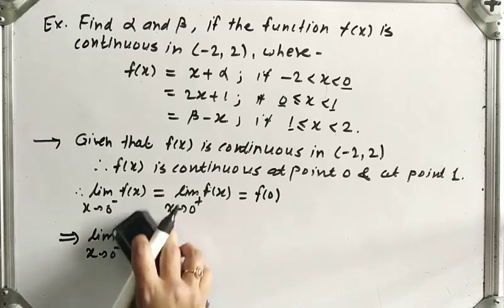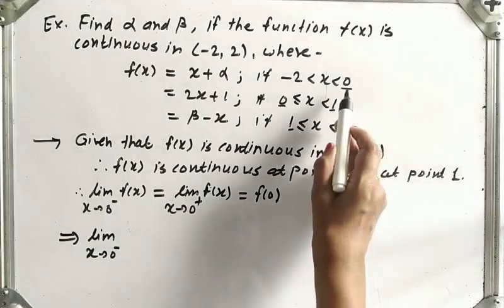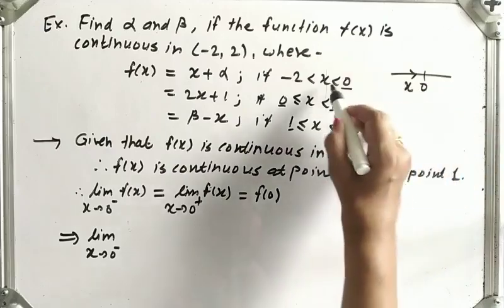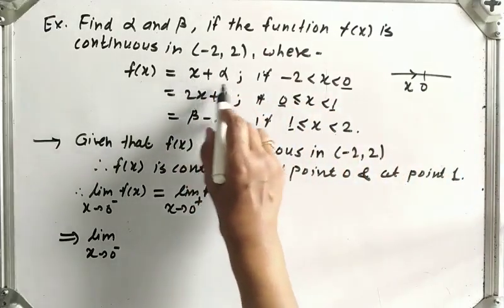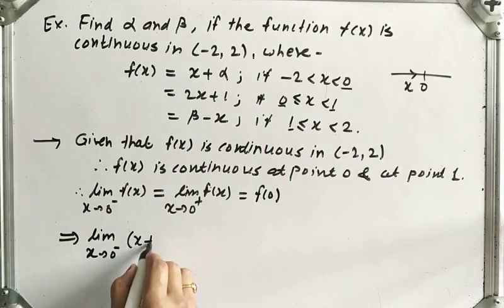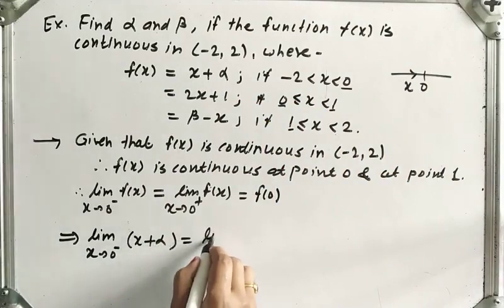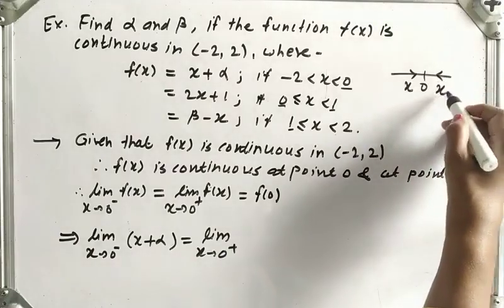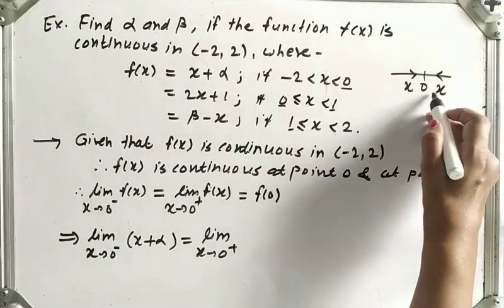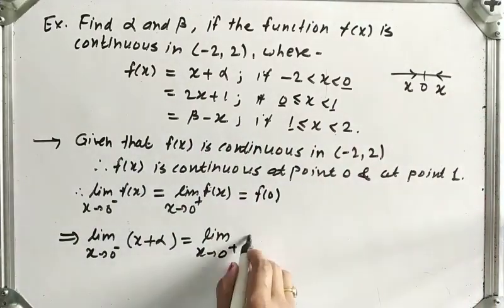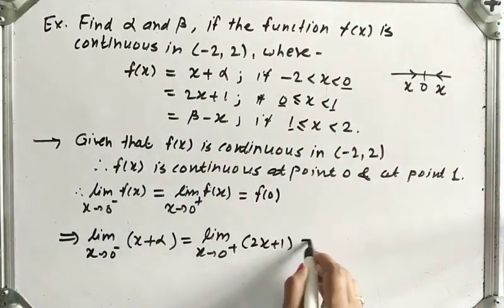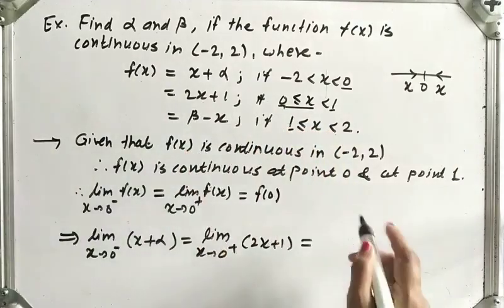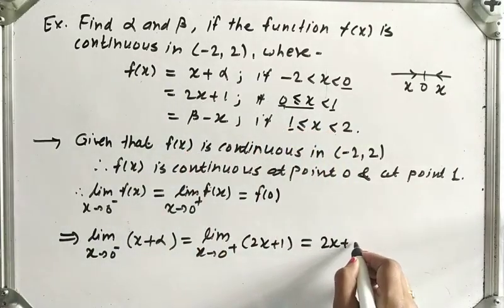So what is the function at 0 minus? 0 minus means x tends to 0 from left hand side, x less than 0, so the value of function is x plus alpha. So x plus alpha is equal to limit x tends to 0 plus, x tends to 0 from right hand side means x is greater than 0, so value of function is 2x plus 1, is equal to f(0). Since 0 ≤ x, the value of function will be 2x plus 1.